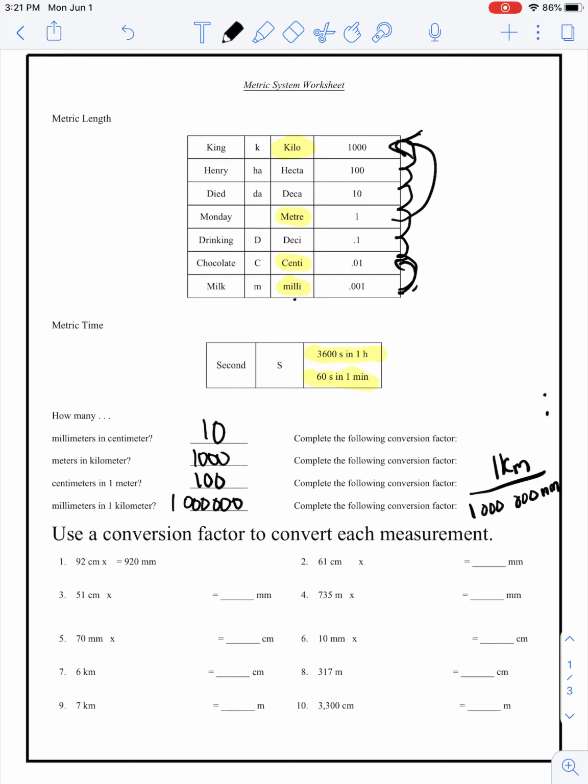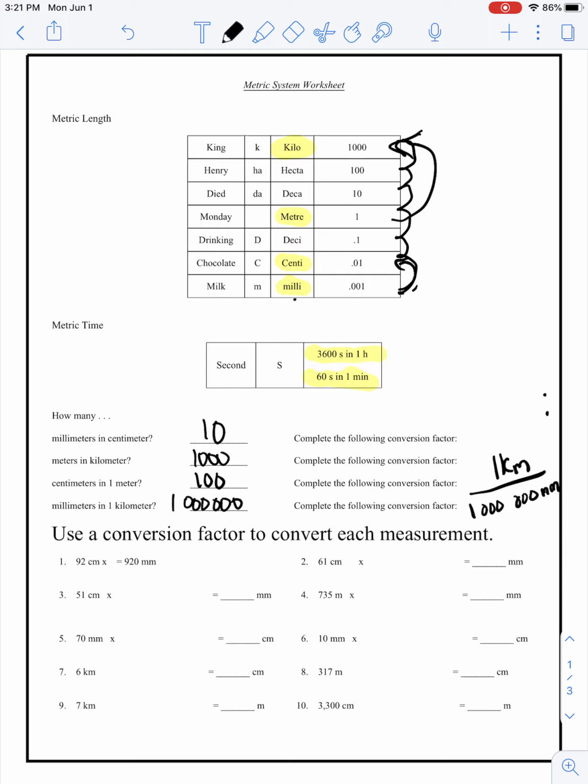So here is our first one, and of course yours doesn't look like this. I don't know what happens, but you have this first example, 92 centimeters to millimeters. Well, we know that if we look at our conversion factor, 1 centimeter over 10 millimeters, but we're going the other way.